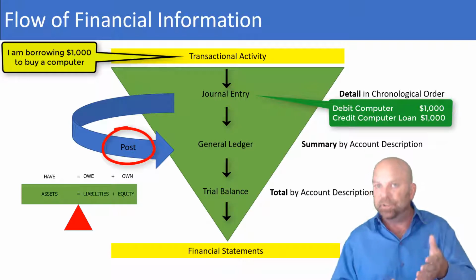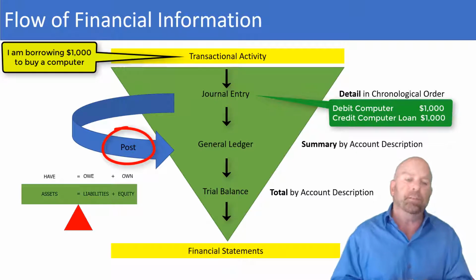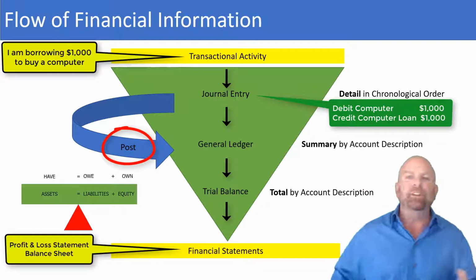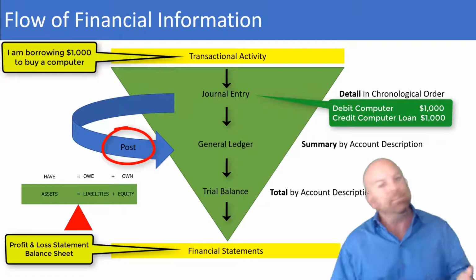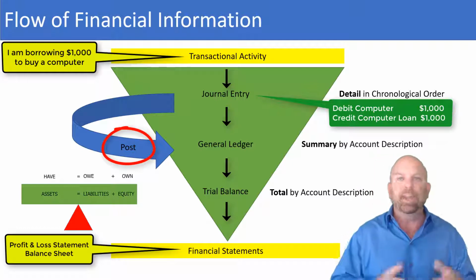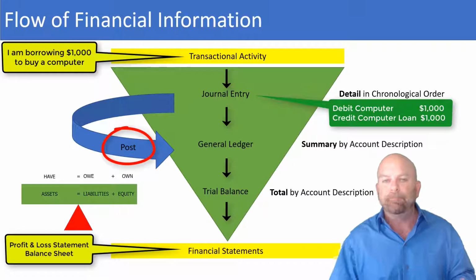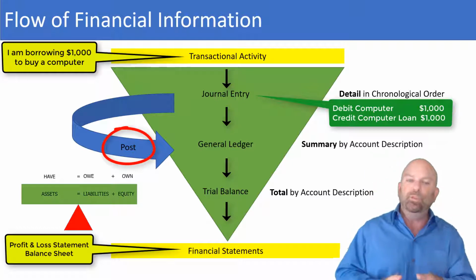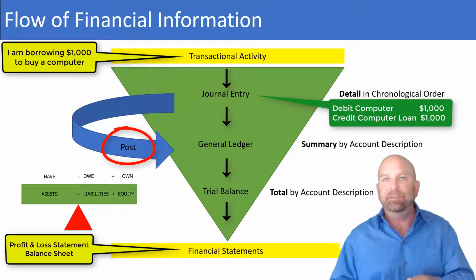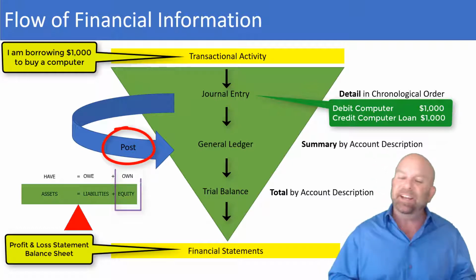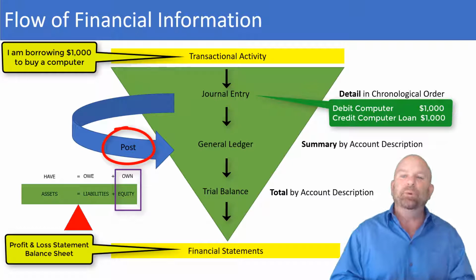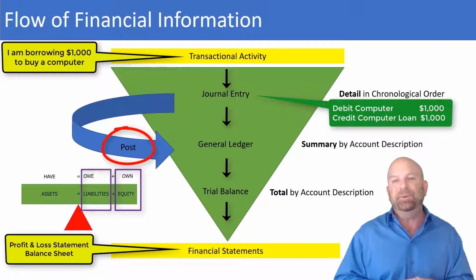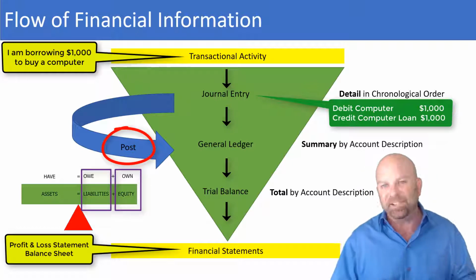So the first financial statement is the income statement, and that's known as the profit and loss statement in QuickBooks. And that notes our income and expenses, providing us with a net income amount. And then the balance sheet, which notes the ending equity, and that includes the net income from the profit and loss statement. And we take that equity and we add liabilities to it, and that equals our assets.